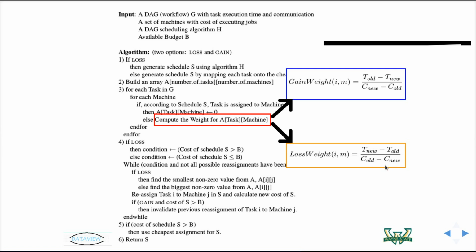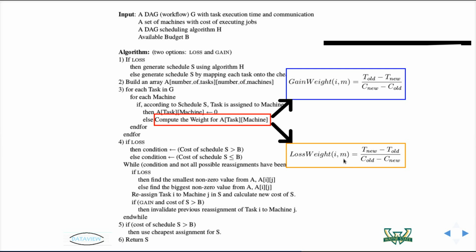C old is the cost of executing task i on the machine given by one of the algorithms, and C new is the cost of executing task i on machine M. So if C old is less than or equal to C new, the value of loss weight will be 0.